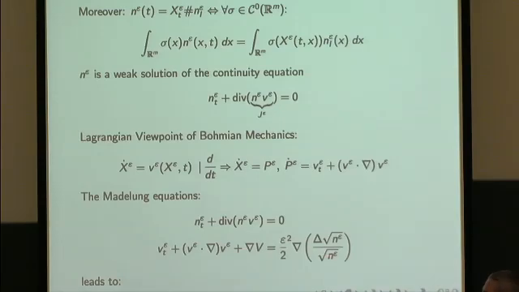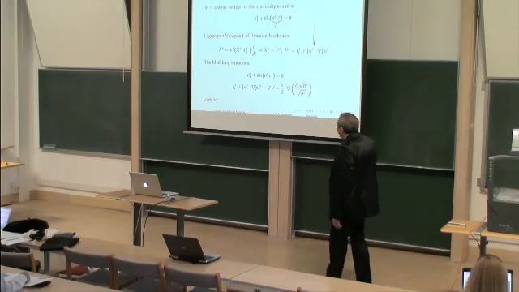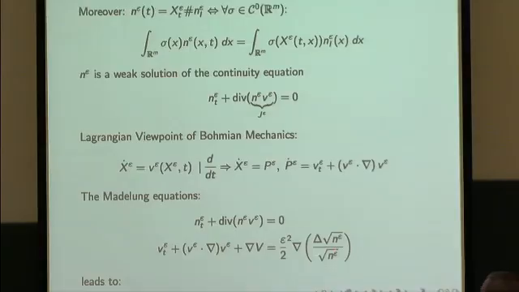These are just the fluid equations which you derive from the Schrödinger equation. The first equation is just the continuity equation that we had here, and the second equation looks sort of like an Euler equation with, if you want, an internal complicated-looking pressure term.